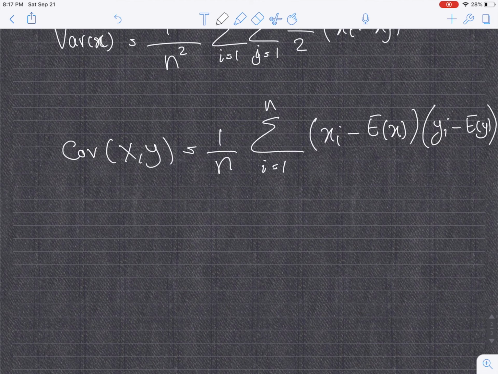In the covariance that you saw in the curve fit function, we have a similar case too.